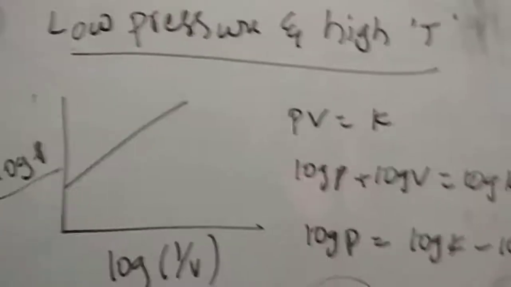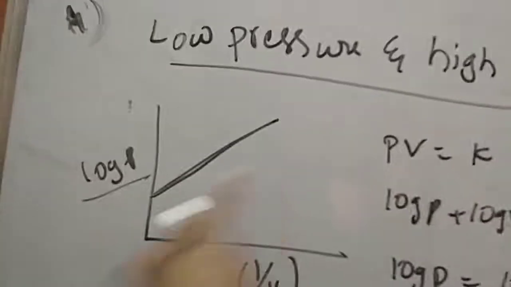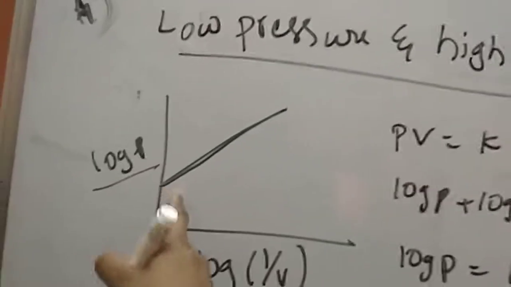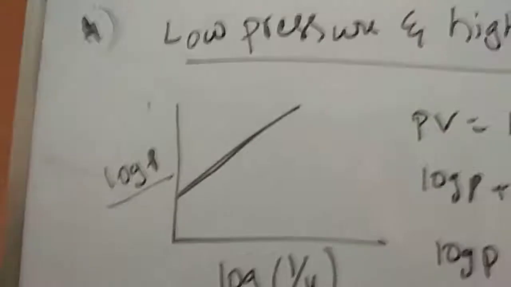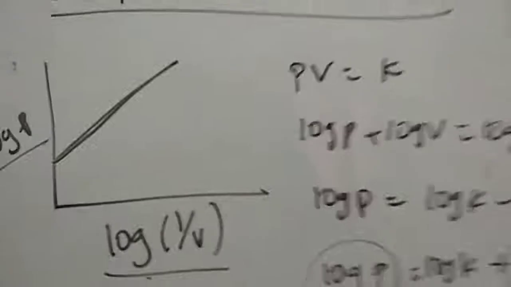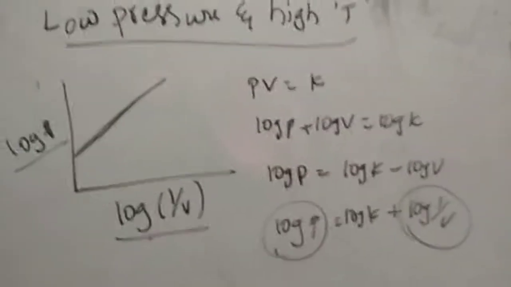So log P and log 1 by V will give a graph like this. It is not a straight line passing through the origin. This gap is because of this constant. This is the next graph, and one more graph is there.